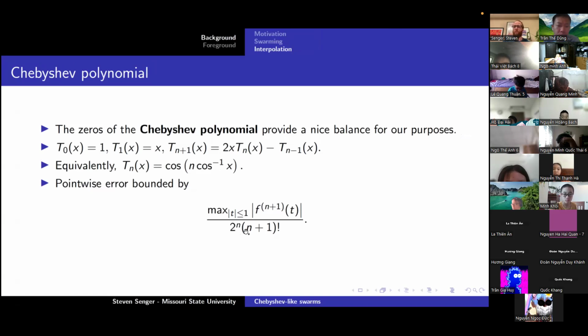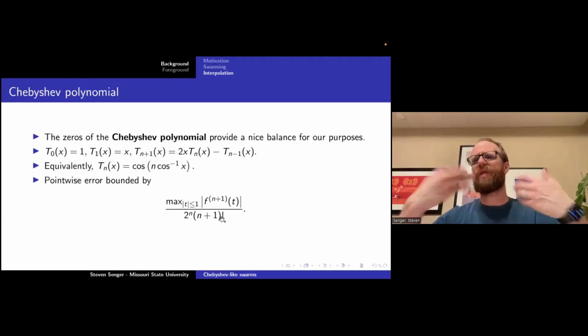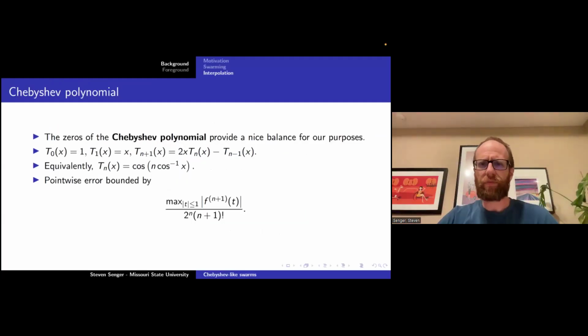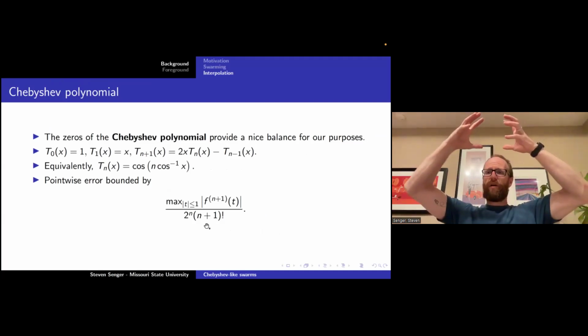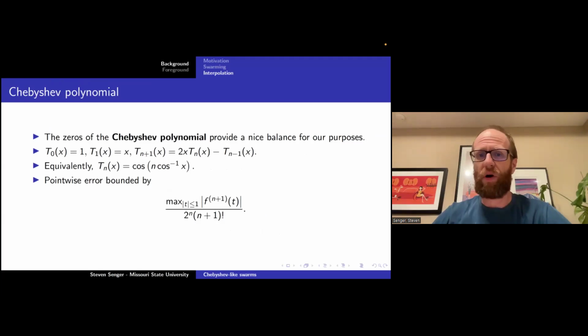But the more and more Chebyshev polynomials that I look at, the smaller my error gets. Look, I've got n plus 1 factorial. Do y'all know factorial? This means n plus 1 times n times n minus 1, all the way down to 1. And I've also got a factor of 2 to the n, which means as n is large, this error is getting really small.